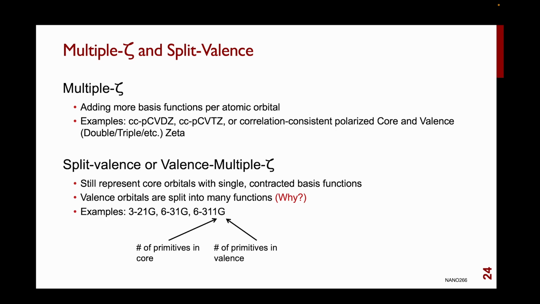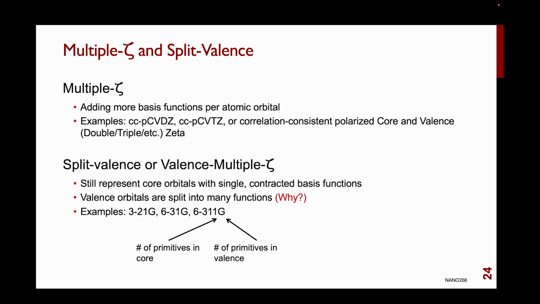Okay? All right. Now, this is going to be a theme that we are going to come back to over and over again whenever we talk about basis function choice. The basis set choice is always a trade-off between how cheap it is to do the calculation and how accurate we want the eventual answer to be. Of course, the larger the basis set, the more accurate the answer, right? But as you increase the basis set size, you also increase the cost of your calculation.